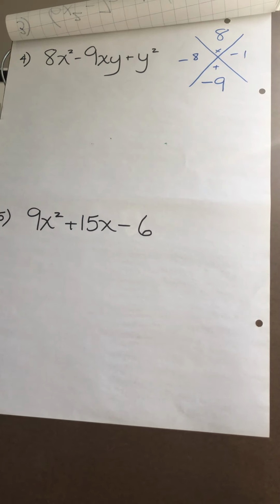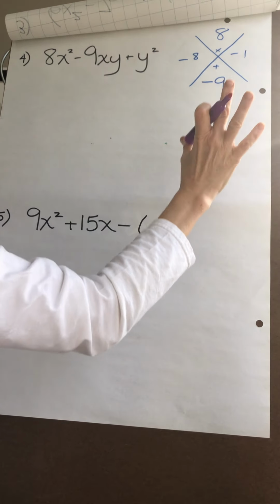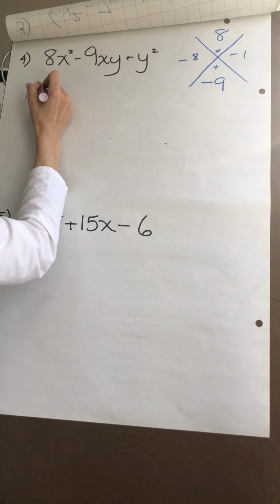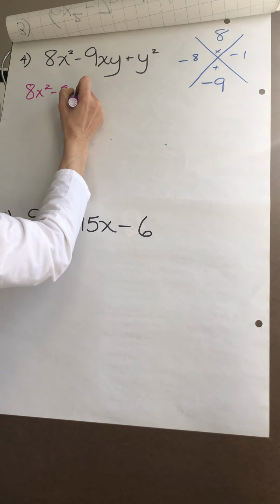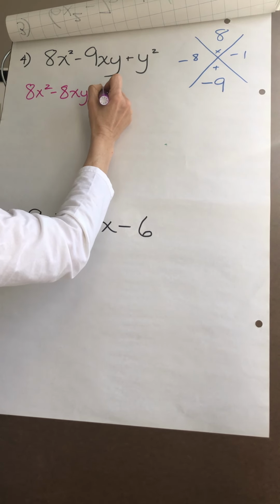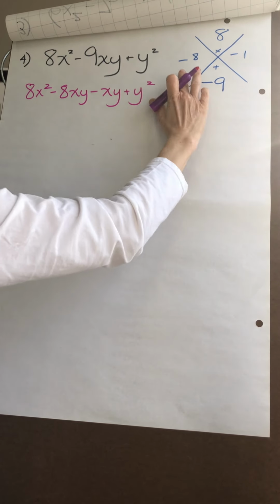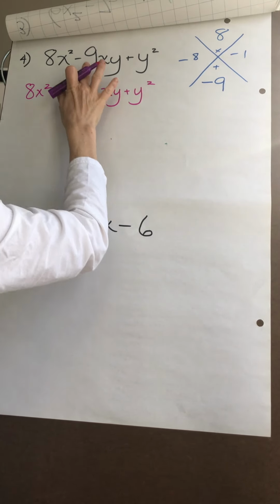So if we go to our decomposition, and again, if you've chosen which way you want to do it by now, you just go ahead and do it whichever way you want. So I broke this into negative 8 and negative 1.